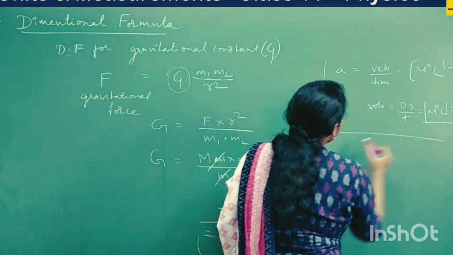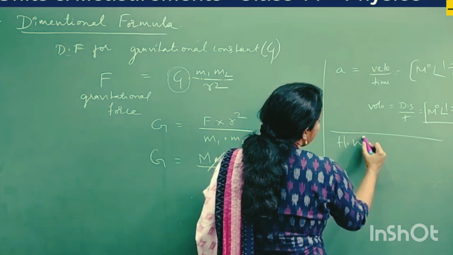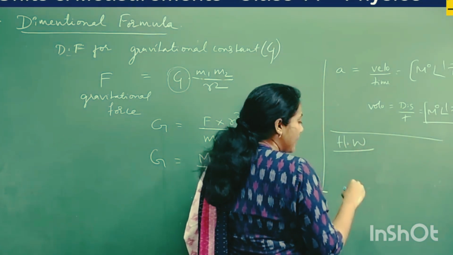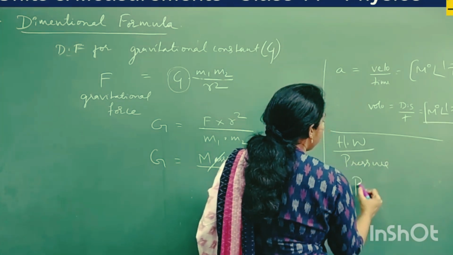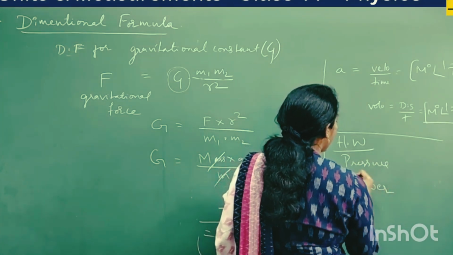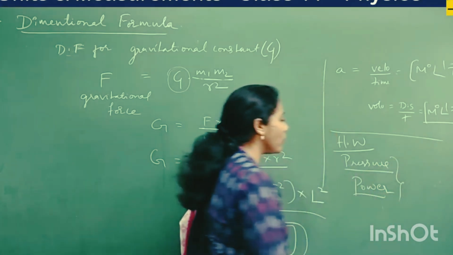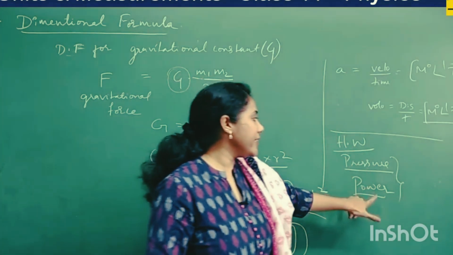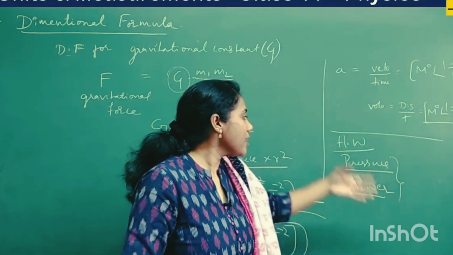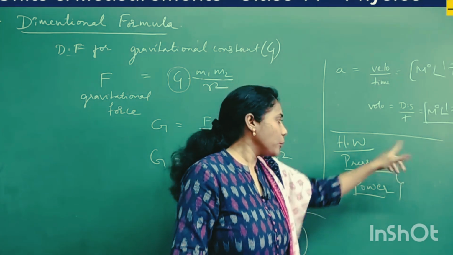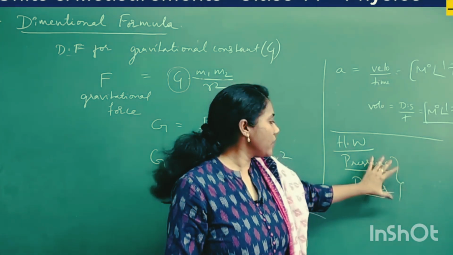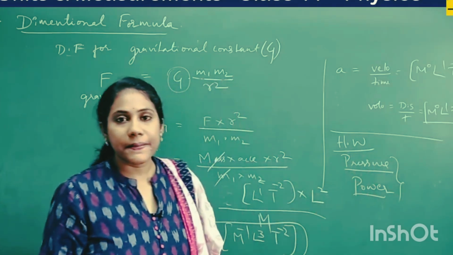So now let us try for these questions. Write the dimensional formula for pressure and power. So this is the homework. I also gave you to write their units, right? I gave you the formulas. See, once you know the formula, you can write the dimensional formula also. Write both units and dimensional formulas for these two physical quantities, right?